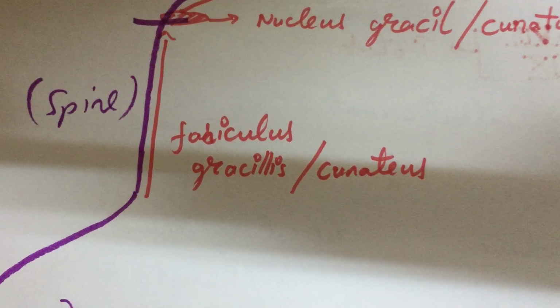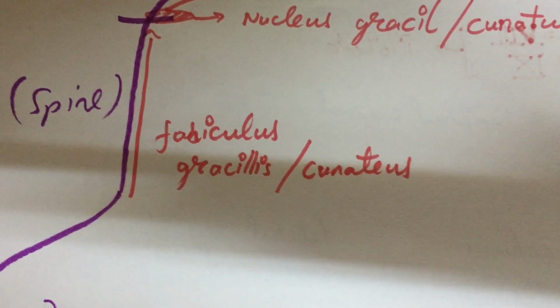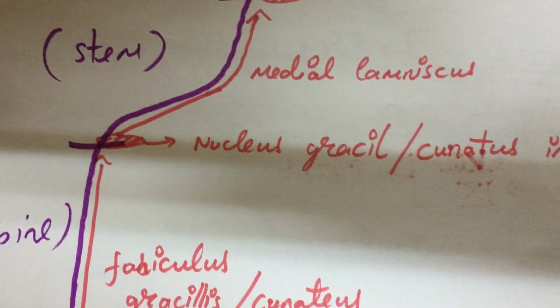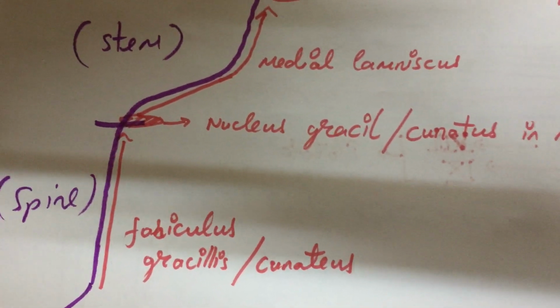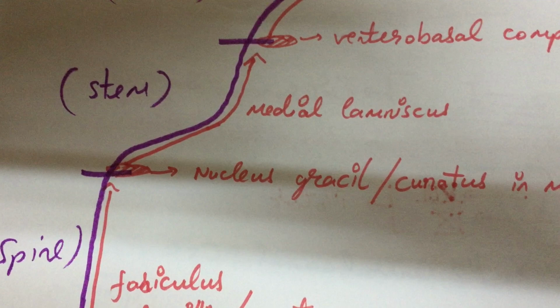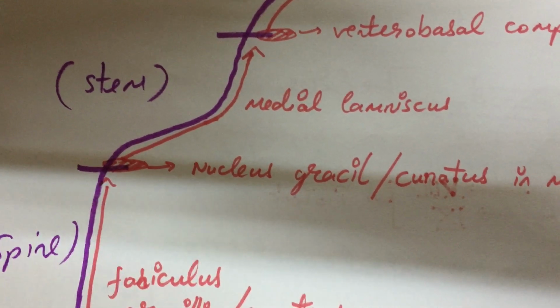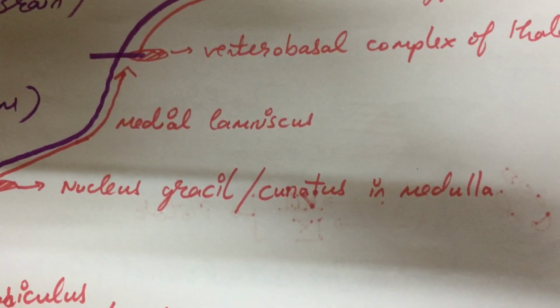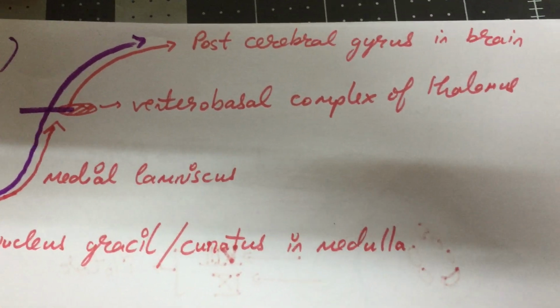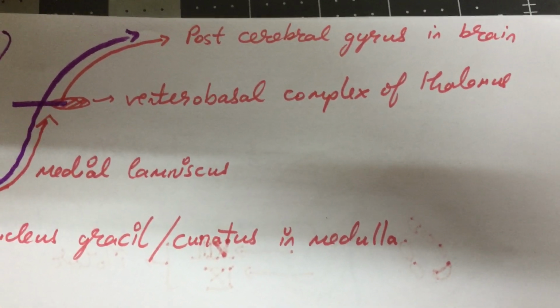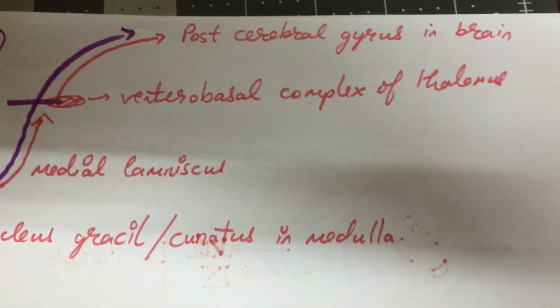From here, they are carried by the fasciculus gracilis and cuneatus up to the nucleus gracilis and cuneatus in the medulla oblongata. From here, they traverse as the medial lemniscus and cross. They enter the ventrobasal complex of the thalamus. From here, they are relayed to the postcentral gyrus in the brain, where appropriate motor responses are judged.